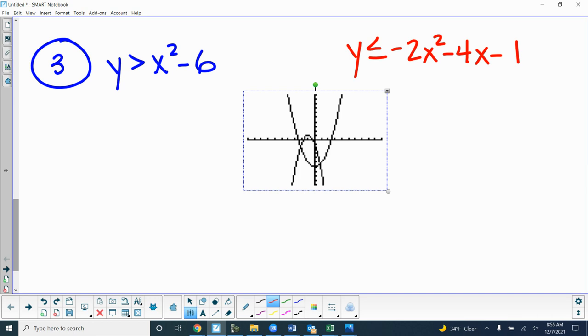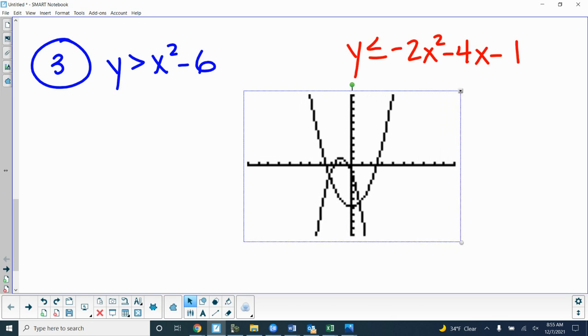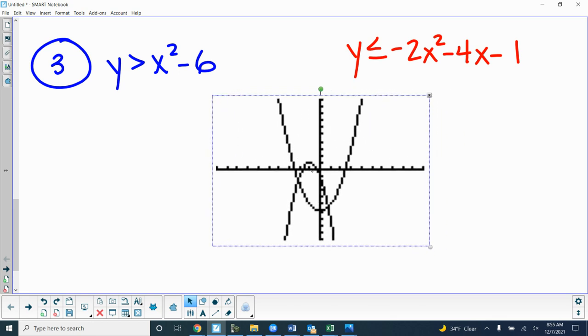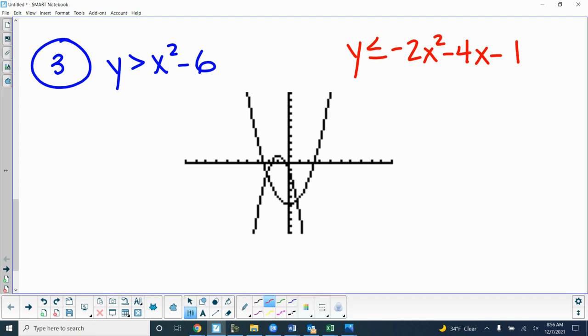But we have to make sure that it's either dashed or solid, and then we got to shade what needs shaded when it's an inequality like this. Okay? Is the blue one dashed or solid? Dashed. Because it doesn't have the equal to. All right? So this one here, the one that opens up, is dashed.